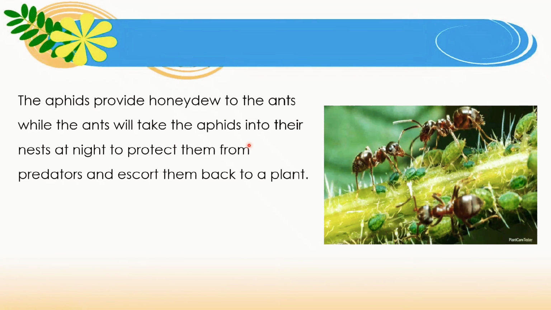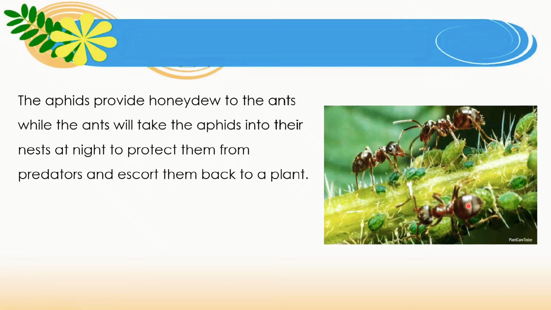Okay, for this one we have aphids and we have ants. The aphids, the green ones, provide honeydew, which the ants can get as food. And also the ants help protect these aphids from their predators, and they also escort them back to the plants.